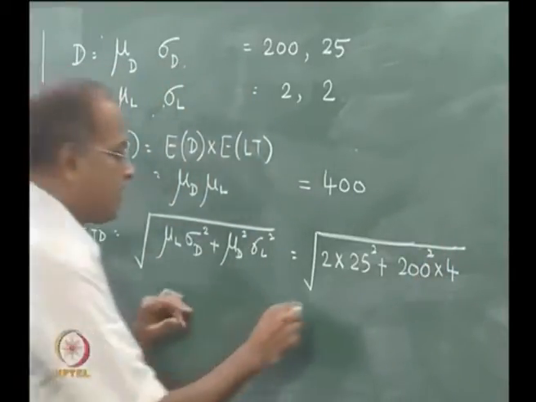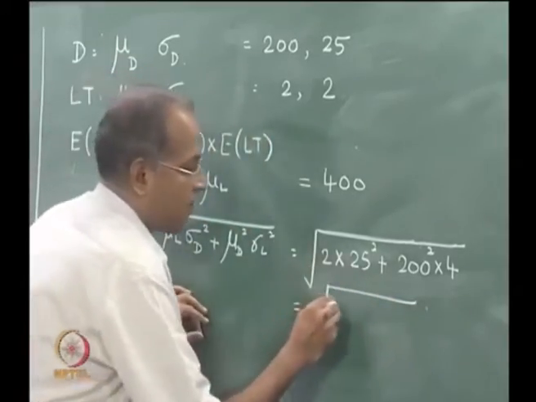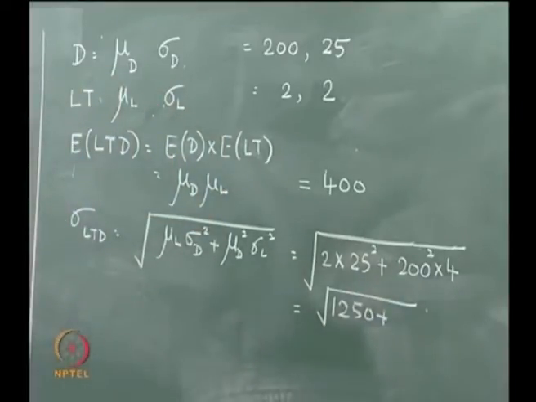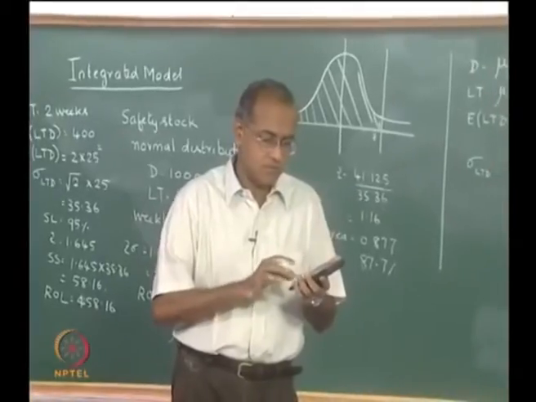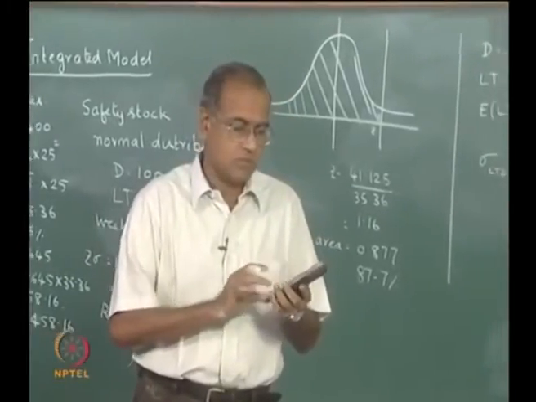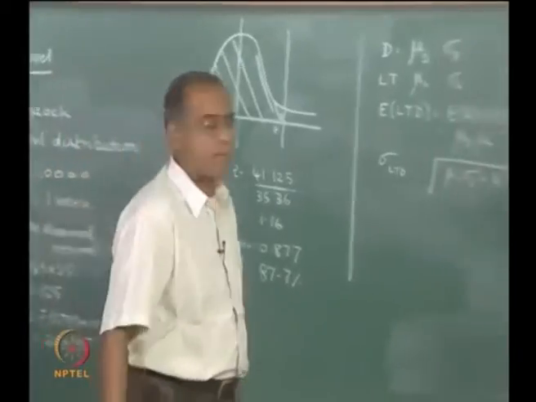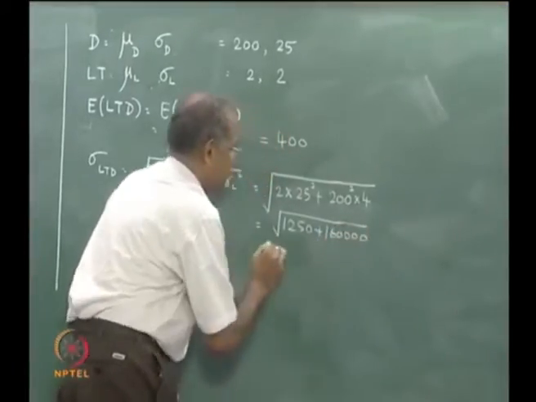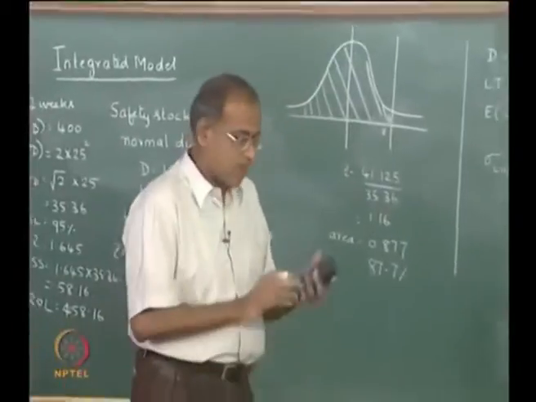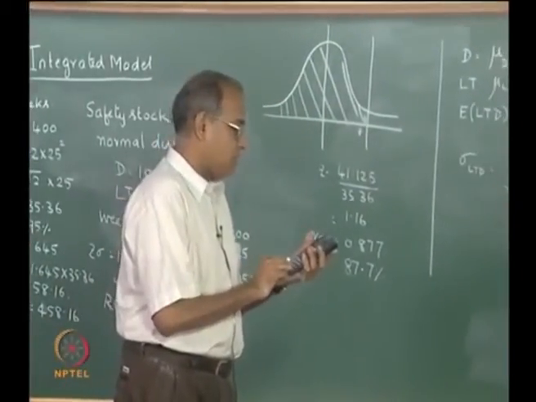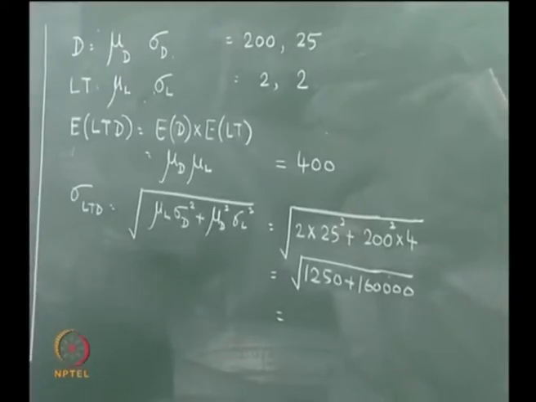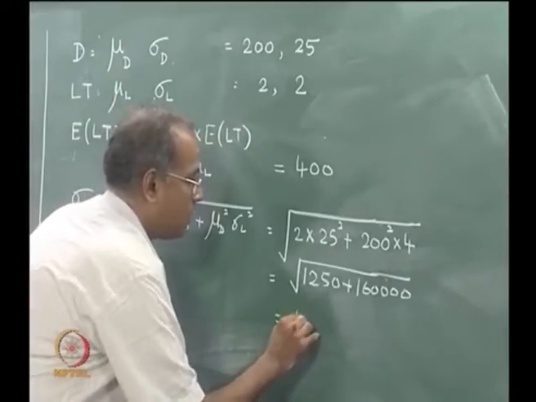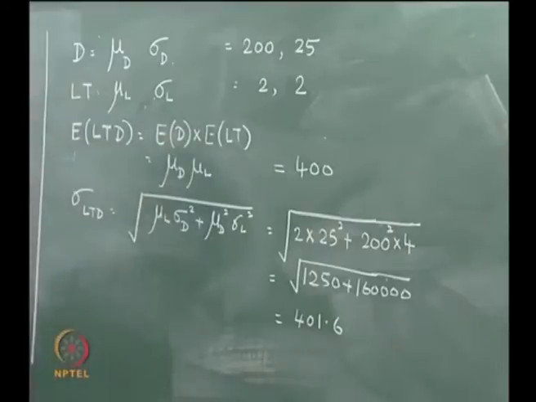So this becomes root over 625 into 2, 1250, plus 200 square is 40,000, into 4, which is 160,000. So this will become root over 160,000 plus 1250, which is 401.6. So standard deviation of this would become 401.6.